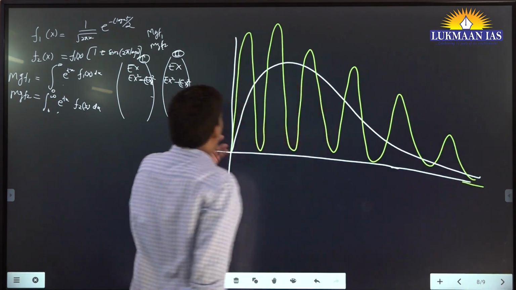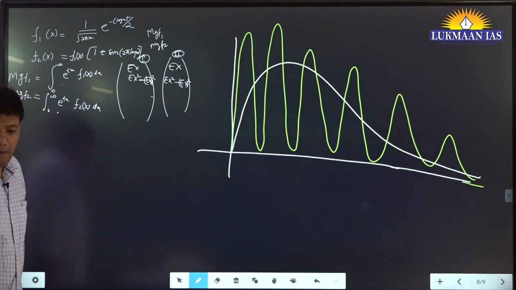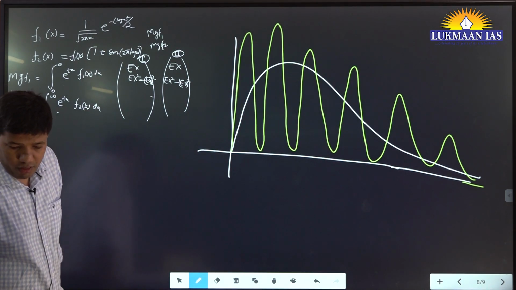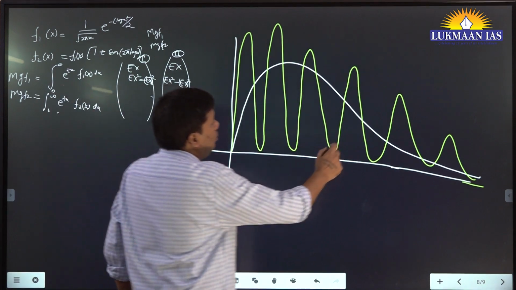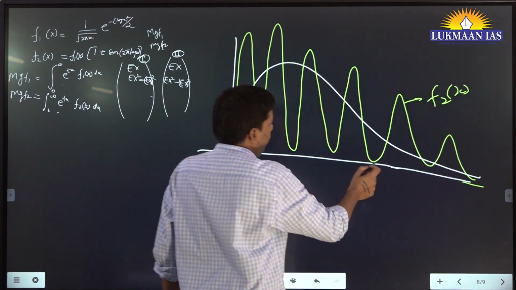These are the graphs of these two. Okay. This is f1x, this is f2x, and this is your f1x.